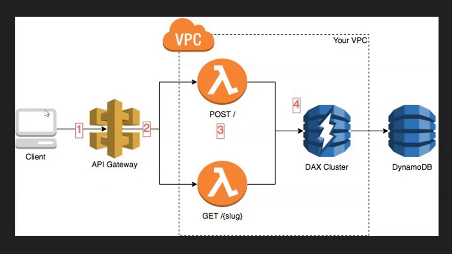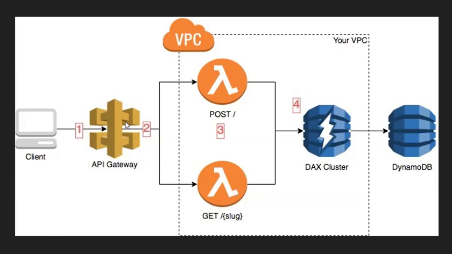If there is any subsequent request for the same data, the data is already saved in DAX, right? So from the cache in the DAX cluster, which is present in the DAX nodes, you get the response.